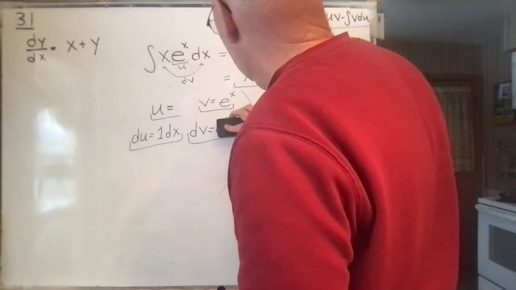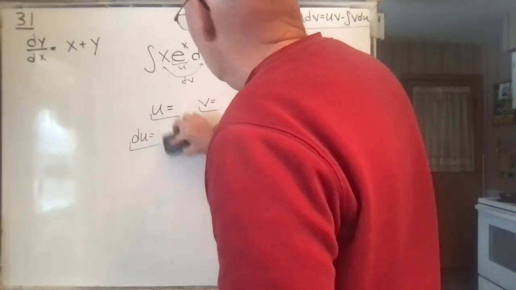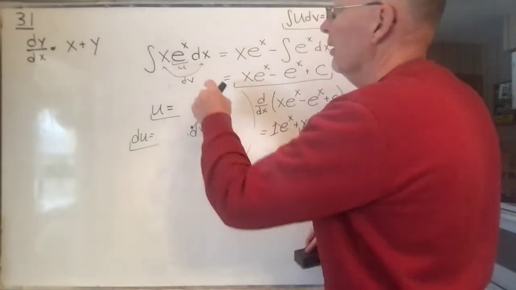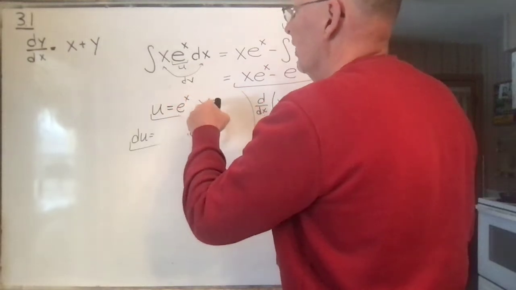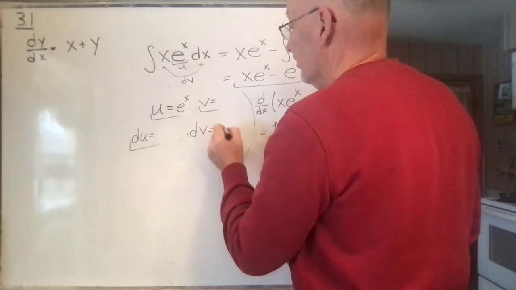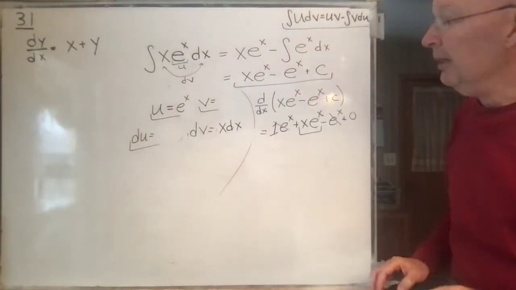So let's get rid of this, and this, and this, and this, and let's see what happens. So now I'm letting u be equal to e to the x, and dv is x dx. That's all good. Okay?